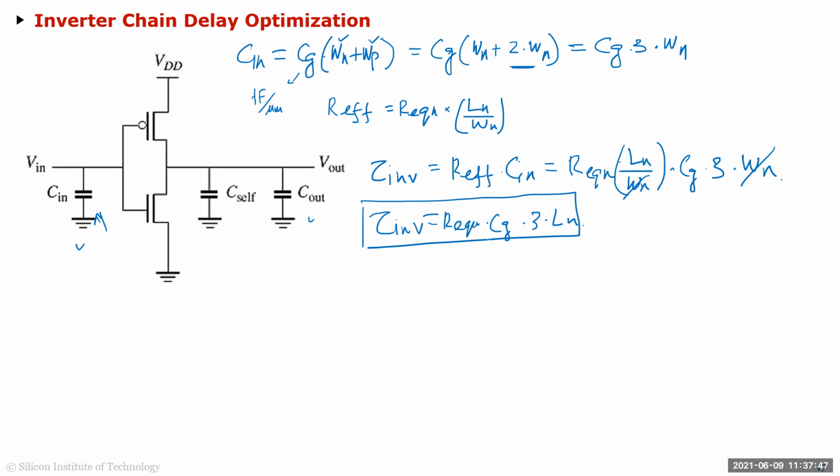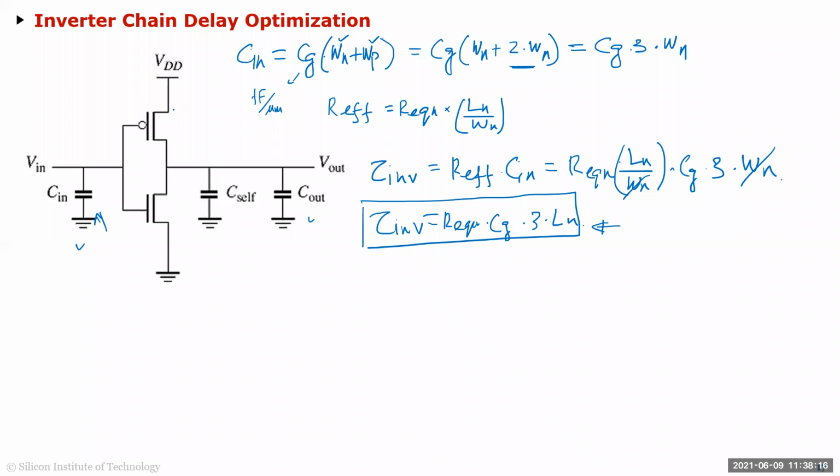And this is interesting because, as I said, this actually captures the input cap when you are increasing the driving capacity of the inverter. So this is a good way to formulate it, because you just can't keep increasing your drive because you're increasing the load cap. So this basically tells you the self delay. What is the self delay of this load? And we can use this in the formulation coming.